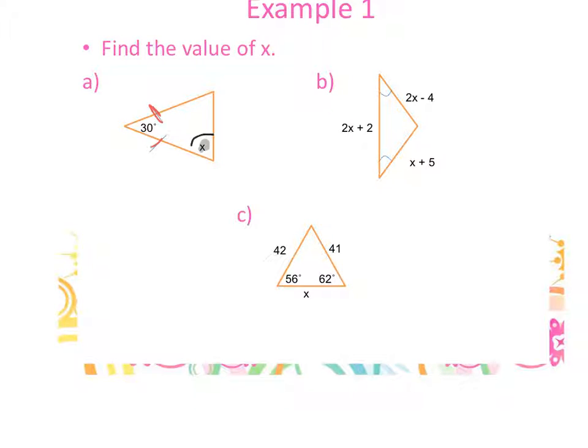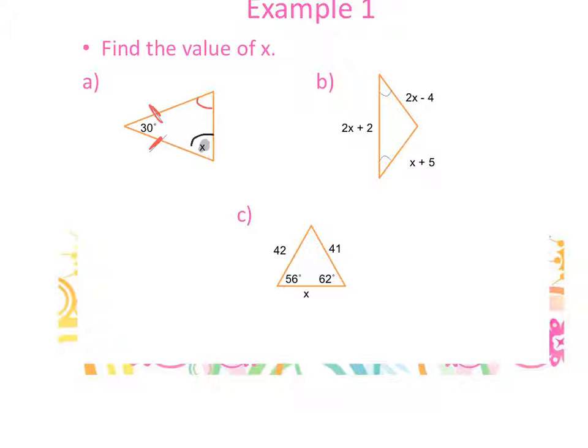This is telling me that these two sides are congruent, so it's an isosceles triangle, and I can also state my base angles are congruent. So this is an angle measure I'm looking for. What would be one way I could go about figuring out what x is?